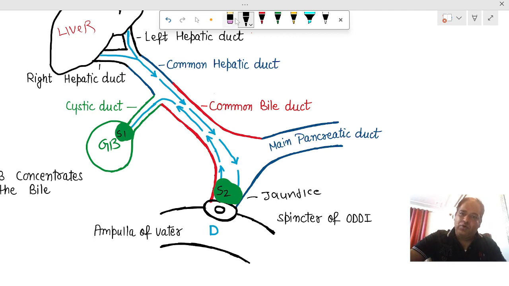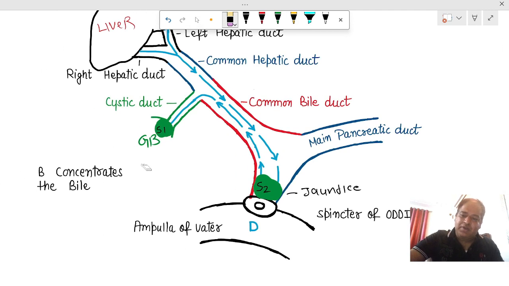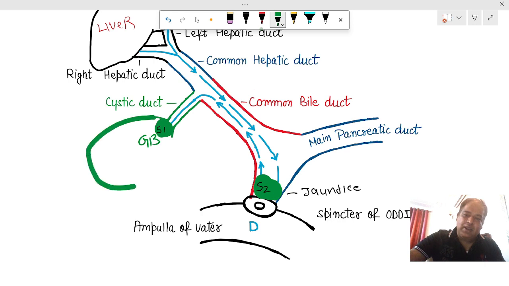Okay. Now, the second stone, which is at the gallbladder neck, what will it do? It will block the flow of bile. Now the bile cannot enter the gallbladder. Then even then this gallbladder will become big.